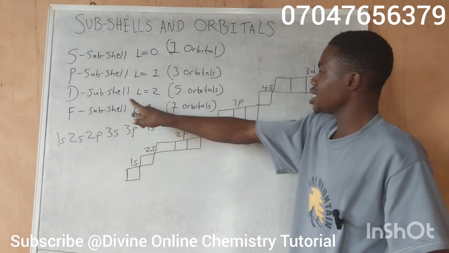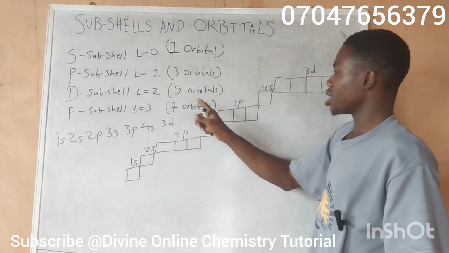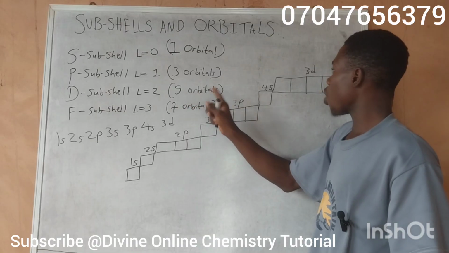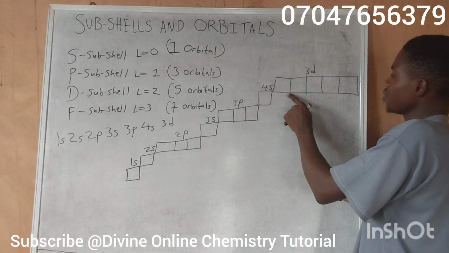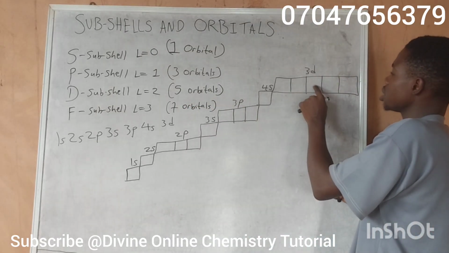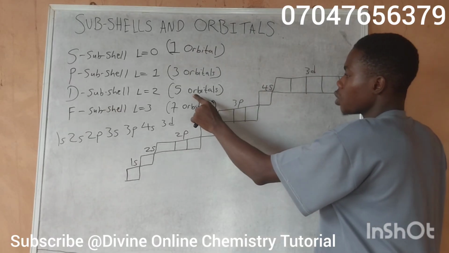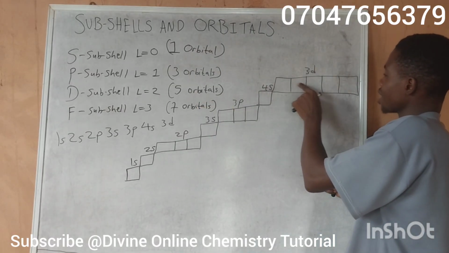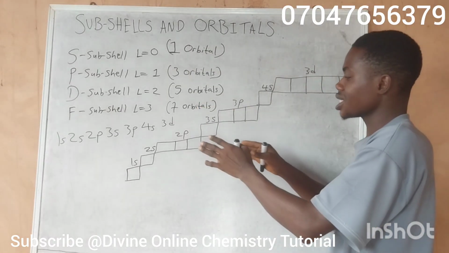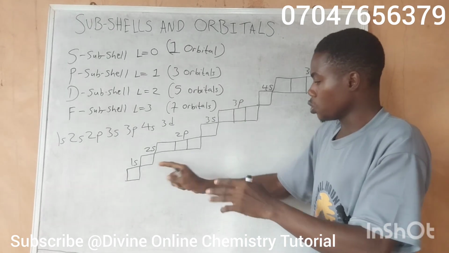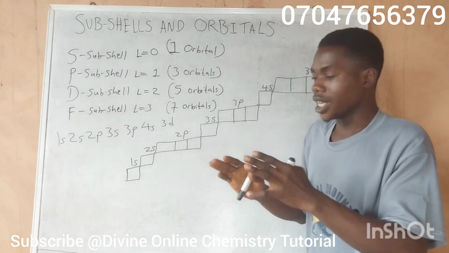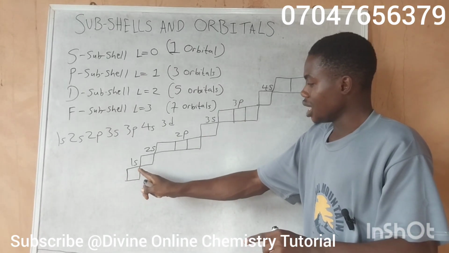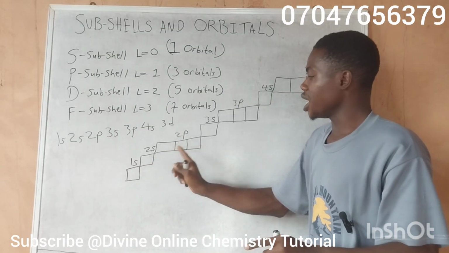Now what about the d? D has five orbitals. Are you seeing now? You can count 1, 2, 3, 4, 5, because D has five orbitals. This diagram is what we normally use to fill electrons in orbitals. These balls are where we normally fill electrons.